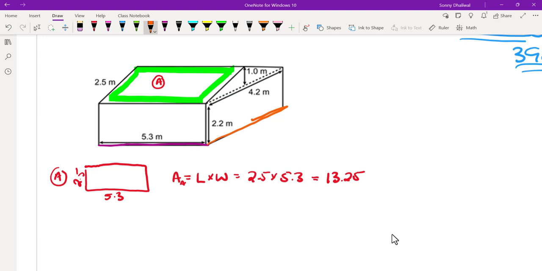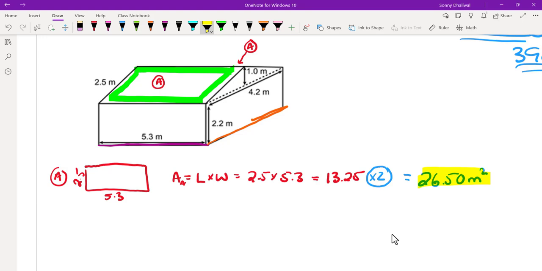Right, so there's an A here, and also an A right here. It's the same shape, so there's two of these. We need to double this because there's two of them. So double 13.25 is 26.5, and the units here are meters squared. I'll underline my totals. Then we move on.